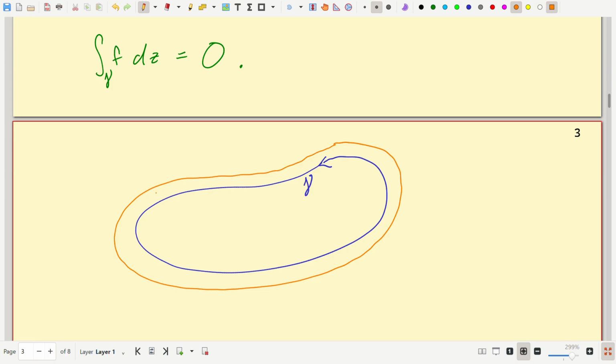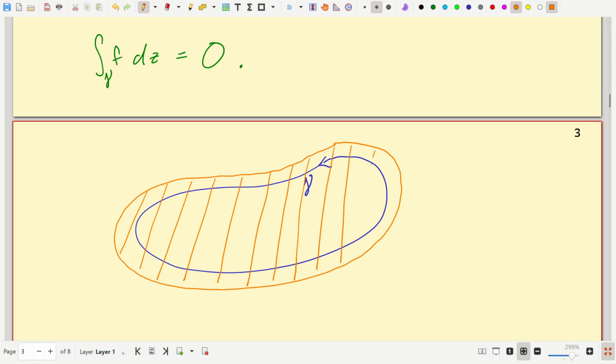Anyway, I'm assuming there's this open set about gamma where f is analytic. And not only that, but it extends to be analytic through the inside of that curve. So the picture would look like this: f is analytic on this shaded region.